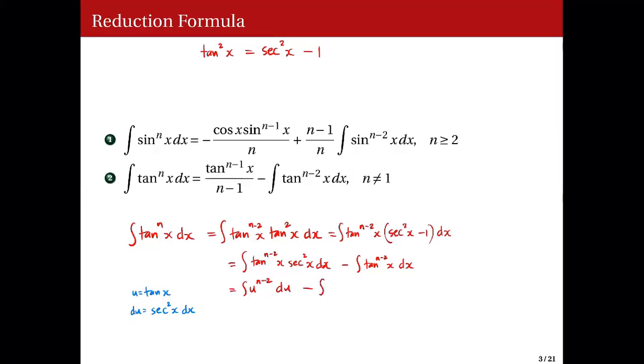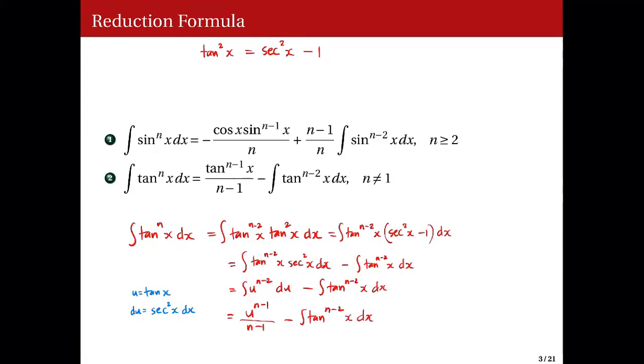Then here, minus the integral of tangent raised to n minus 2 x dx. If we integrate this, we'll just have u raised to n minus 1 divided by n minus 1, then minus the integral of tangent raised to n minus 2 x dx.